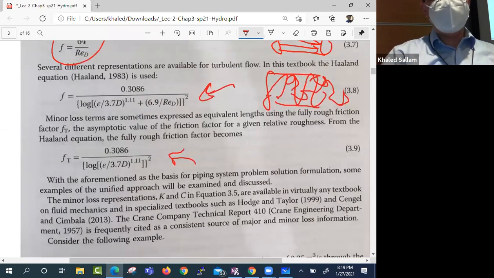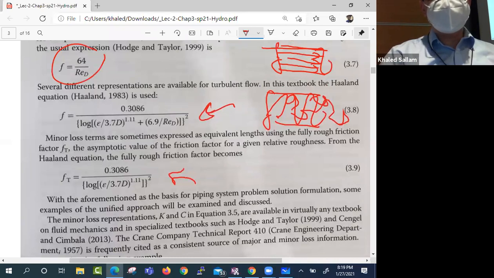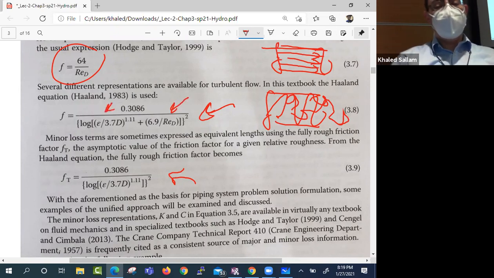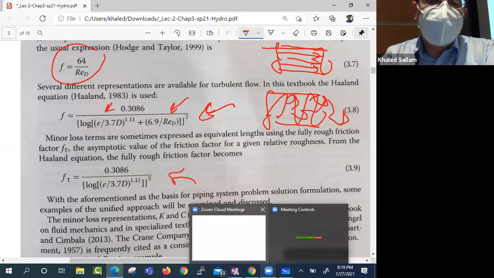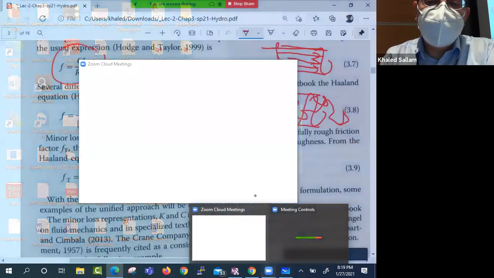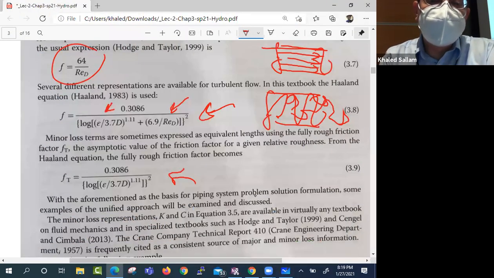Right? So you get the Reynolds and you get the epsilon over D. Now, when the flow is fully turbulent, what happened? When the flow is really turbulent, look at this equation.